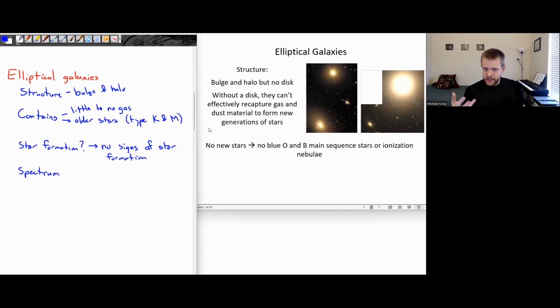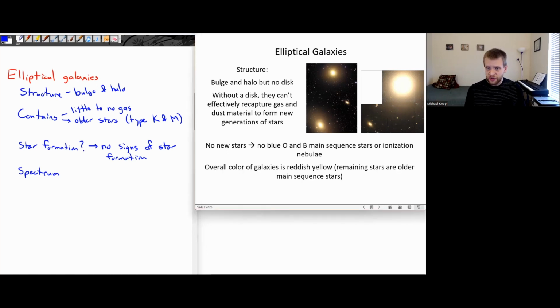Okay, so these type K and M main sequence stars, those are the lower mass main sequence stars. They are lower temperatures. So instead of being that white to blue color, they're going to be more red, orange, and yellow colors. And that's what we see in these images. The overall color is this kind of reddish yellow. So I'm going to add that into the structure.